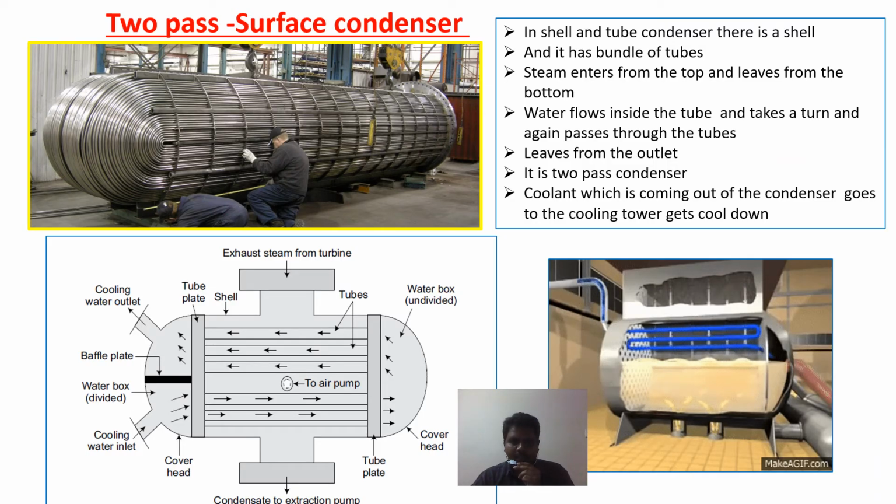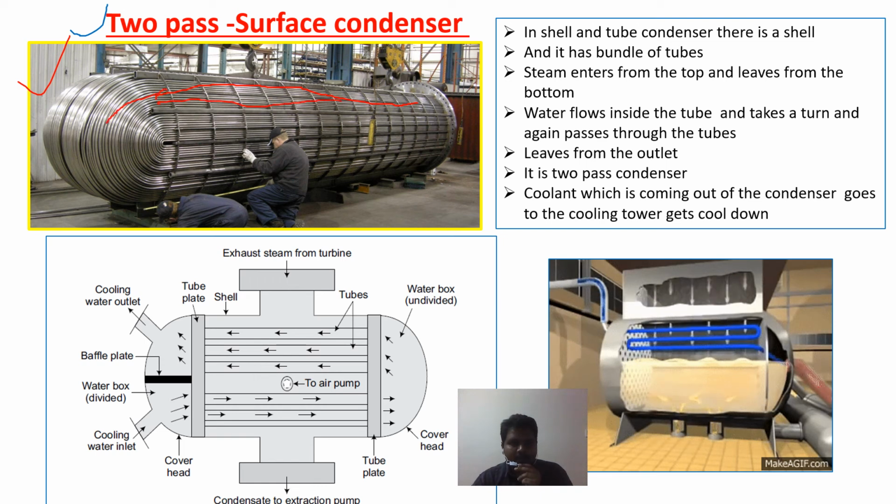Now let us see the other type of condenser, the surface condenser. Here there is no direct contact between the water and steam. Here I am showing a two-pass surface condenser. As you can see in this figure, it will have a bundle of tubes.